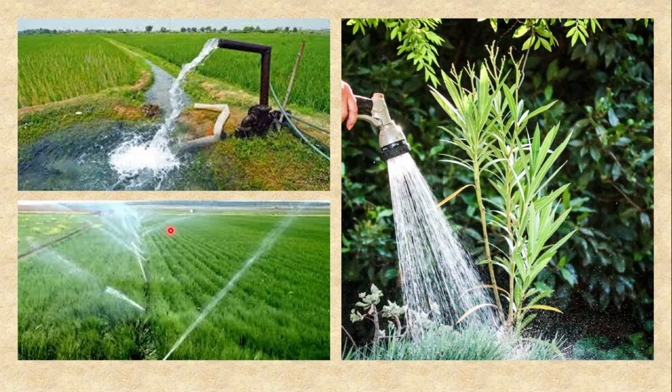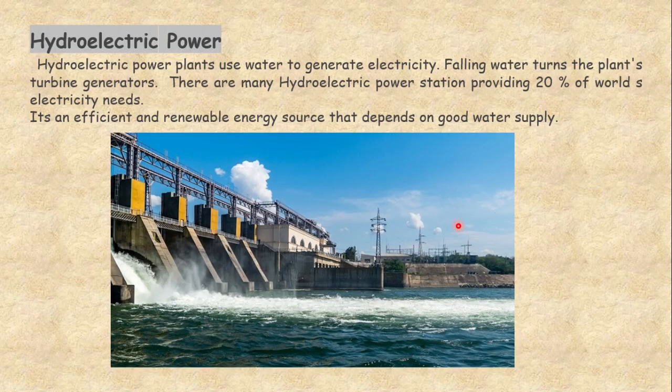Different techniques or equipment can be used, like water sprinklers, water pipes, or just like the shower that we can use in our home to water the plants in our garden. So these are different ways of irrigation. What is irrigation? Irrigation is watering plants artificially, or supplying water to the plants artificially.